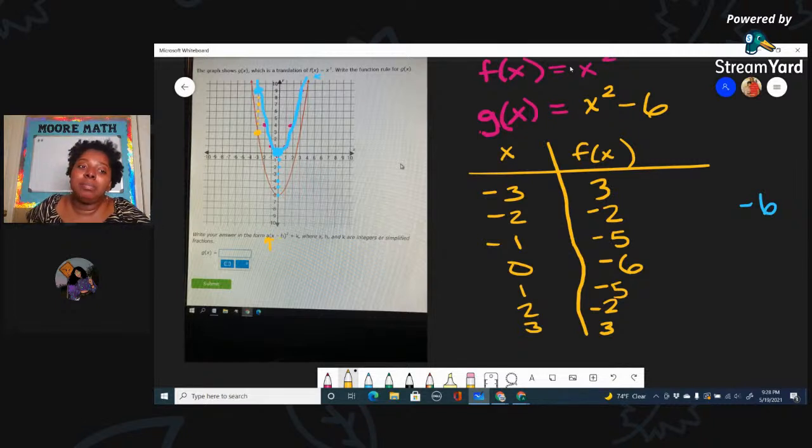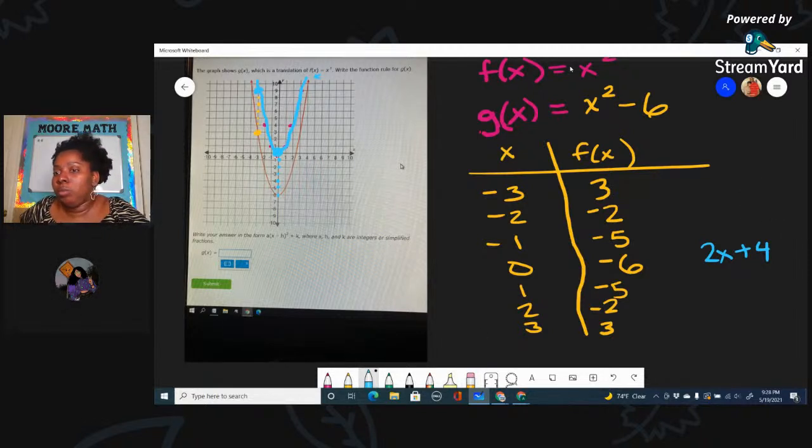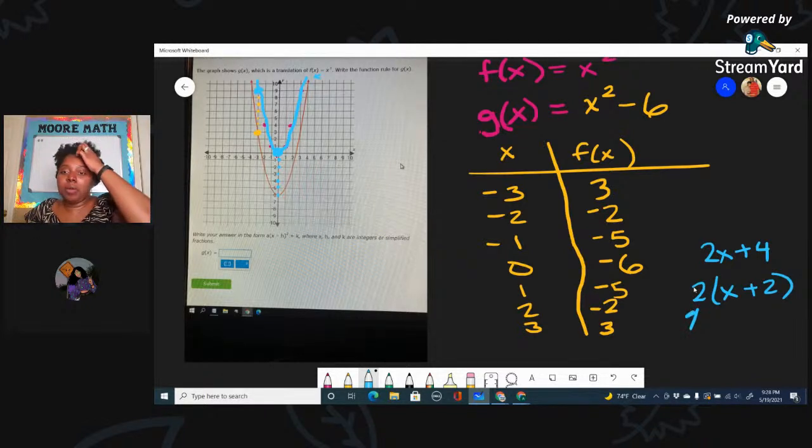A just means what can you factor out? So if you have 2x plus 4, what number can you factor out? By factor out, we mean what number can be divided into both of these? 2. Right? So when they say A, they're just saying what number can be divided into both of these. That would represent A.